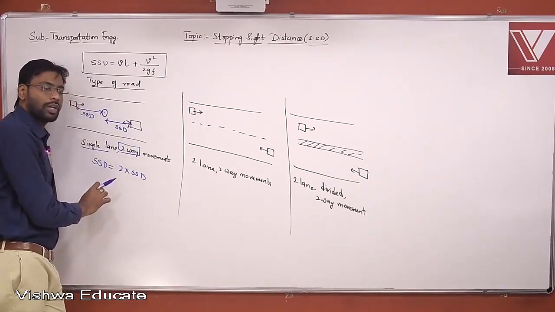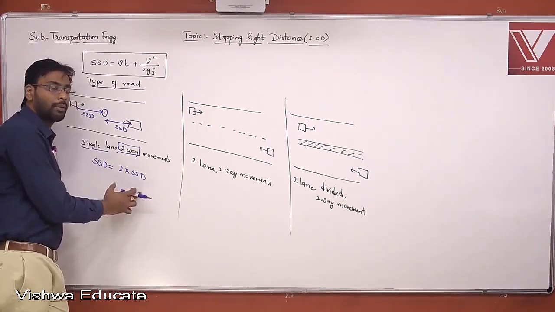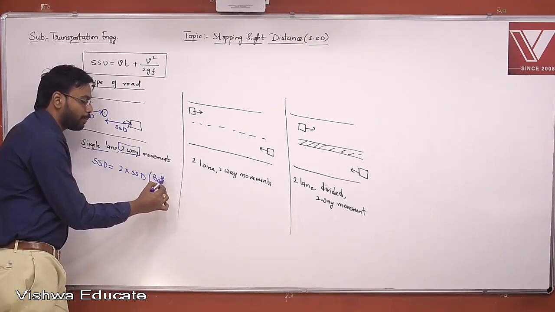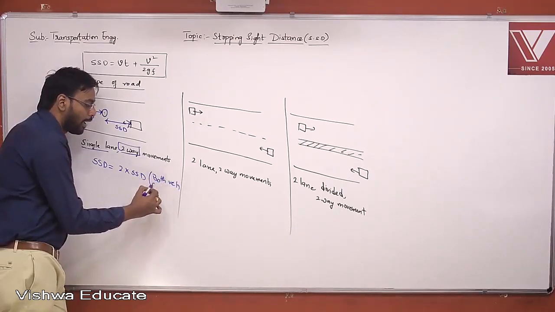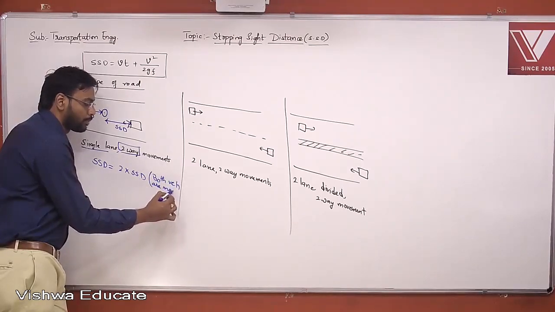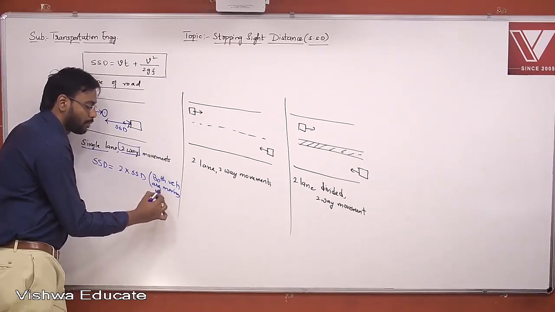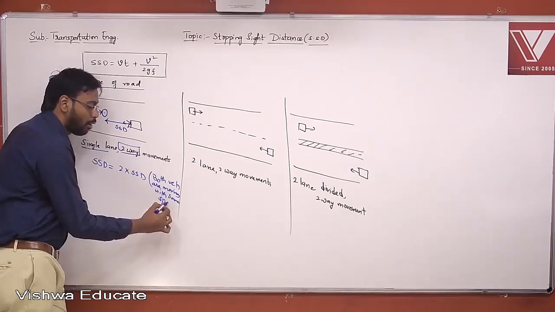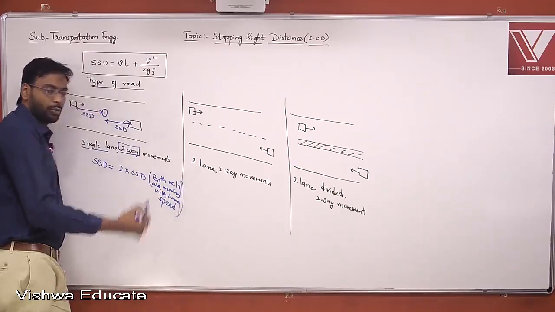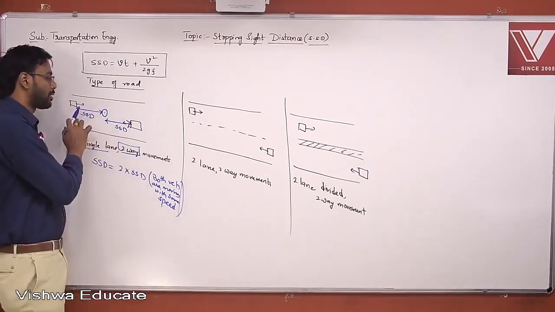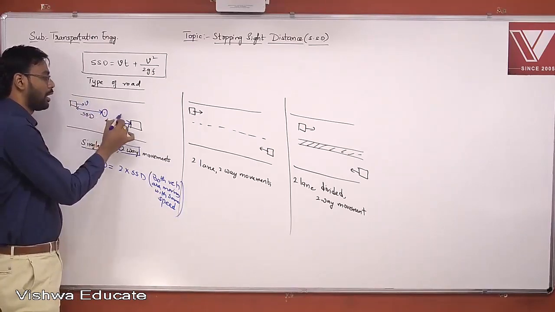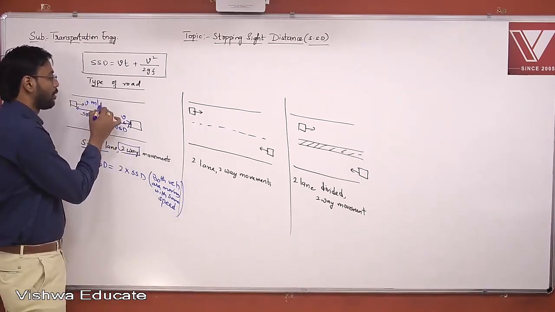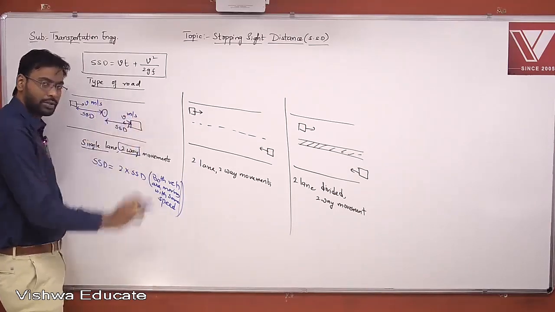Now there is one more change here. This is applicable only if both vehicles are moving with the same speed, because SSD is dependent on the speed of the vehicles. If both are traveling with the same speed, V and V, that means if they are traveling at design speed, then only this is applicable, right?